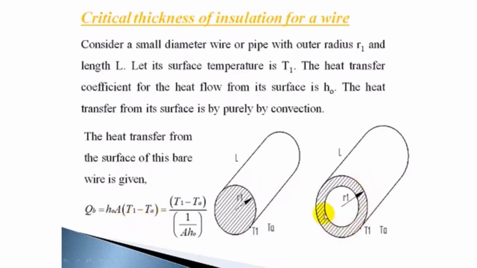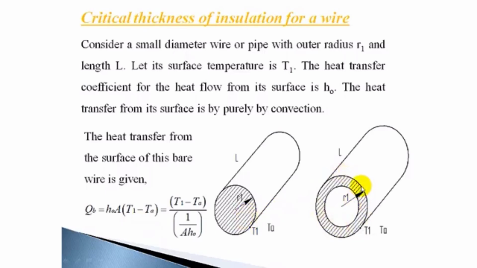The same is here. The temperature difference is T1 minus TA, and the area is the same, same radius, same length. h0 is the heat transfer coefficient. So the heat flow from this surface to the surrounding is the same, h0 A into T1 minus TA, since we are only considering the heat flow from the outer surface.